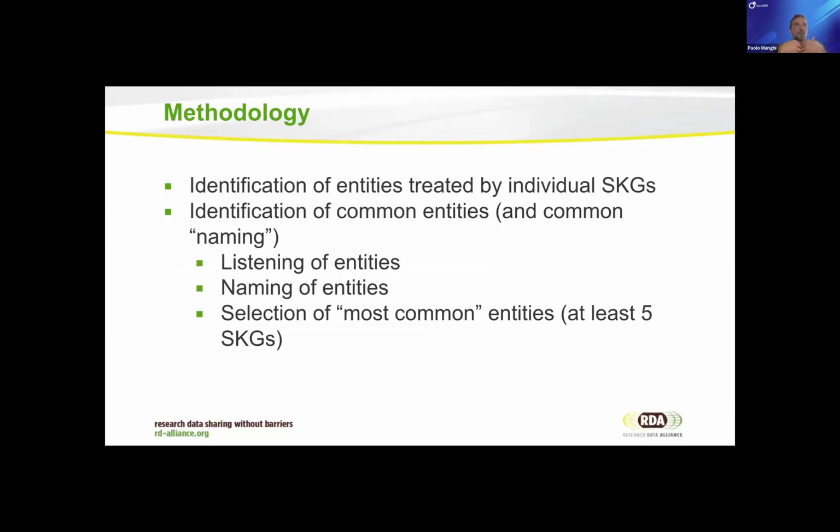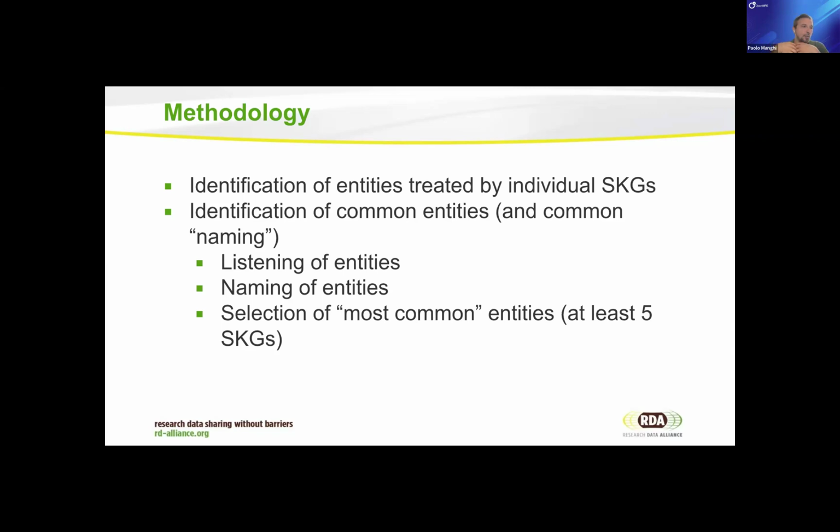So the methodology was to start from real case SKGs to identify the common entities treated by the individual SKGs, identify common naming for those, because in some cases the very same entities were named in different ways, and then select the most common entities.